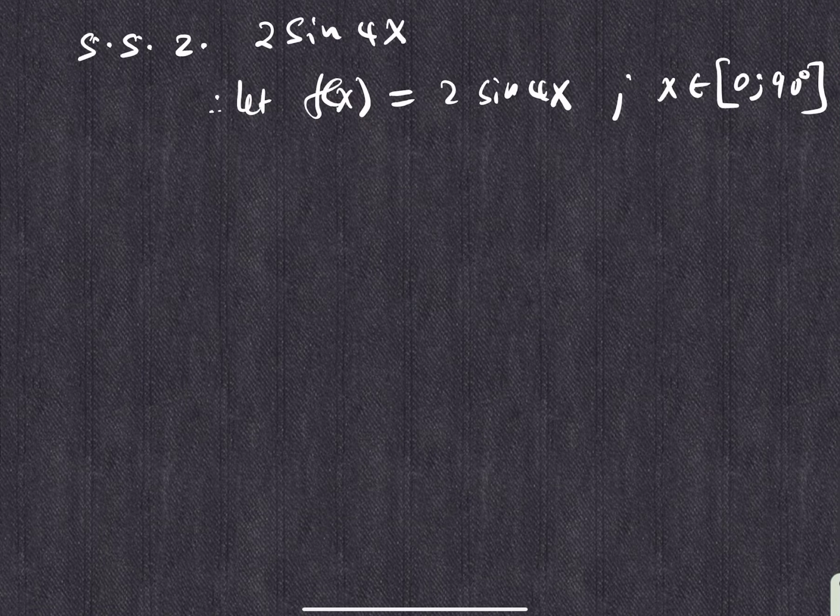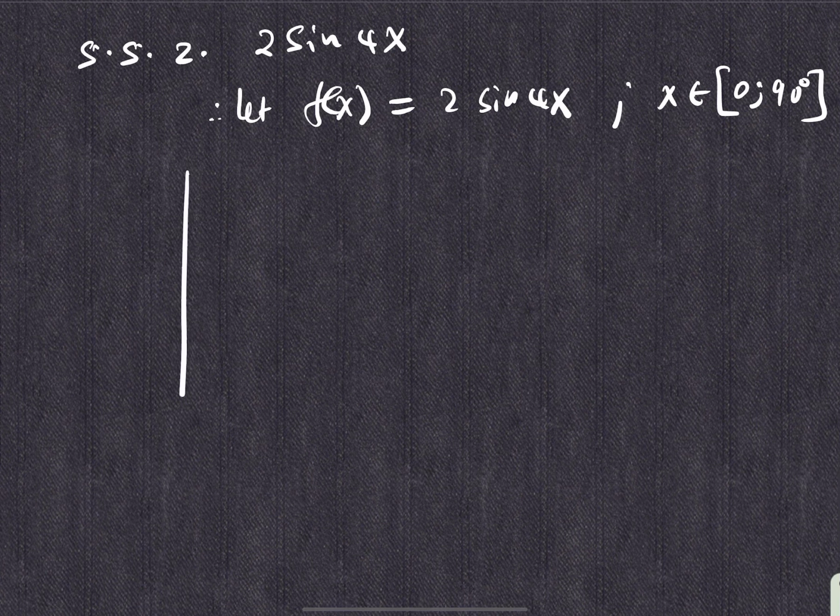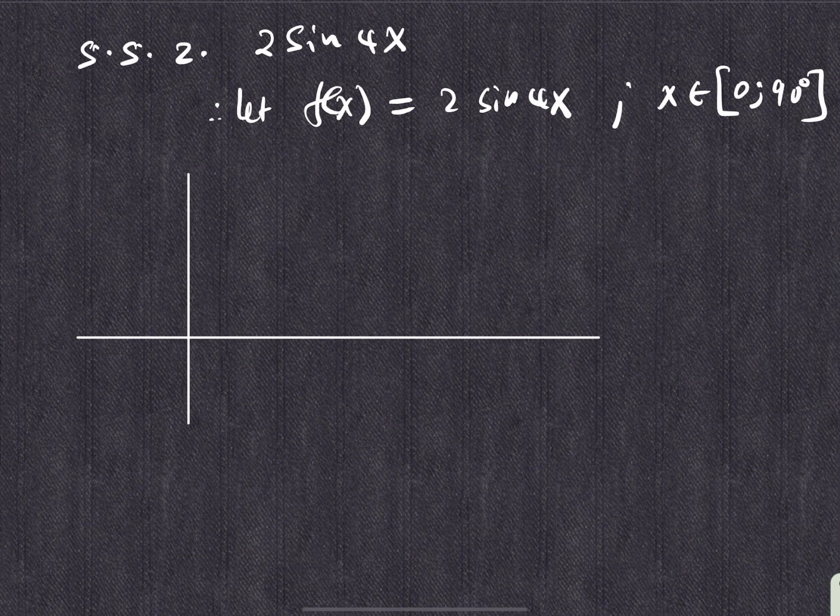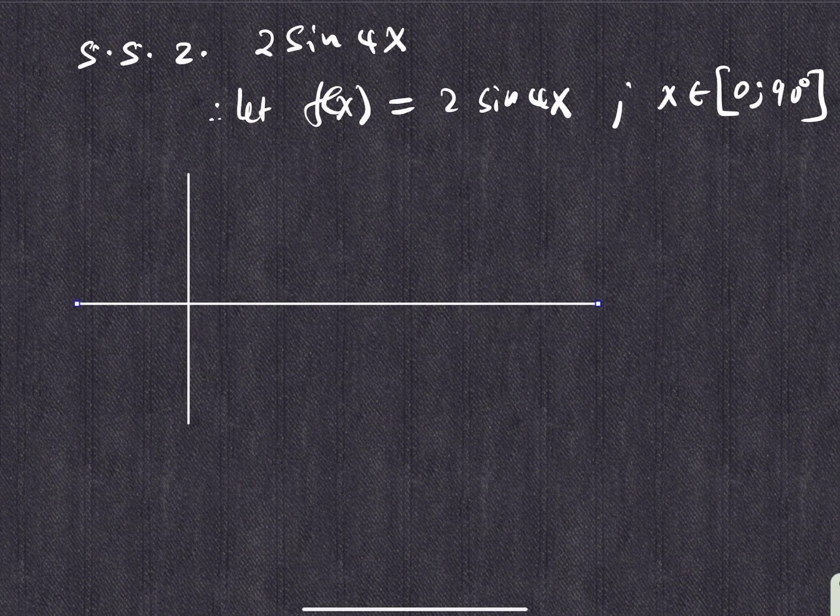What I will do if I were you, I will try to sketch this graph from the positive side of it. Okay, the maximum value here will be 2, but this 4 is going to really reduce your period. The effect of that 4 is primarily on the period. What I will then do here, it's very basic. That is 1 and then a 2 there. By the way, you don't have to do this.